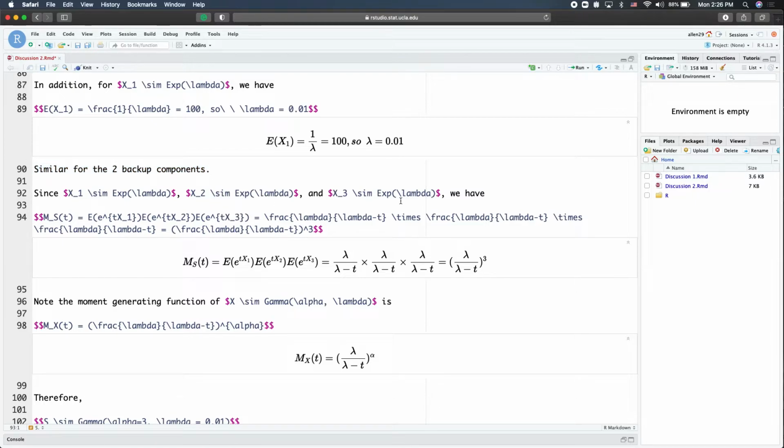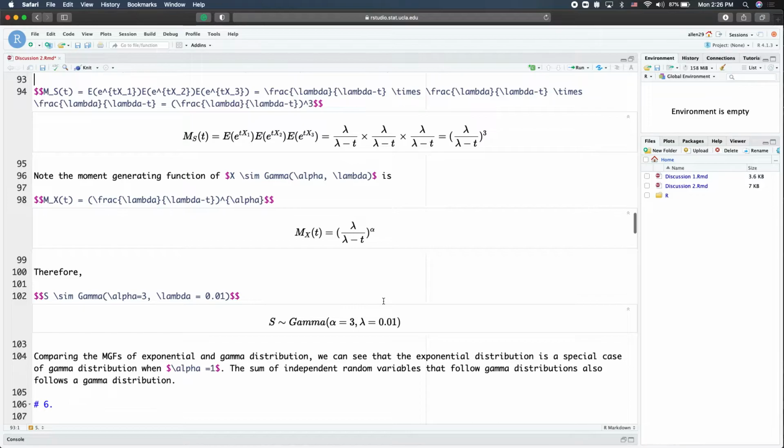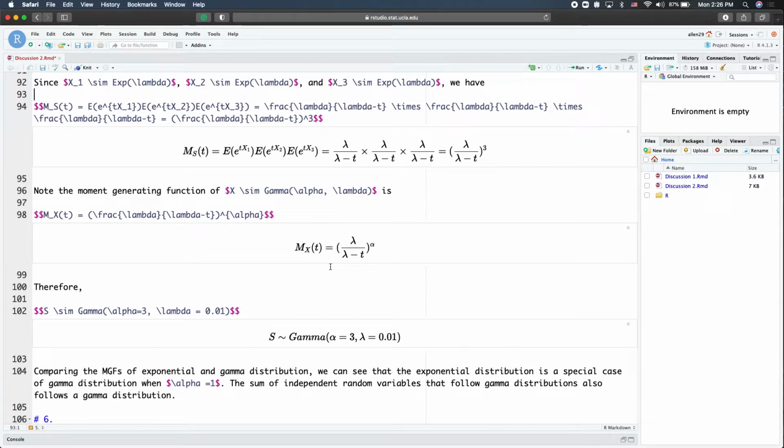Once we have the moment generating function for each of the xi, we can just take the product, and the moment generating function for S is just lambda over lambda minus t raised to the power of 3. And now, this is more of a given information.